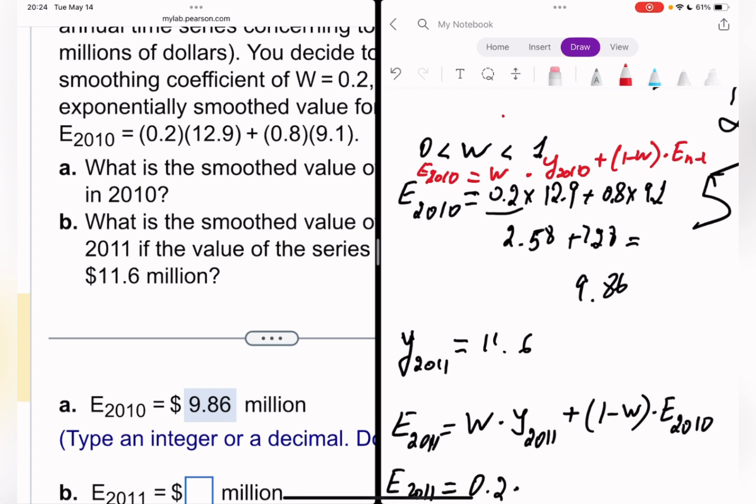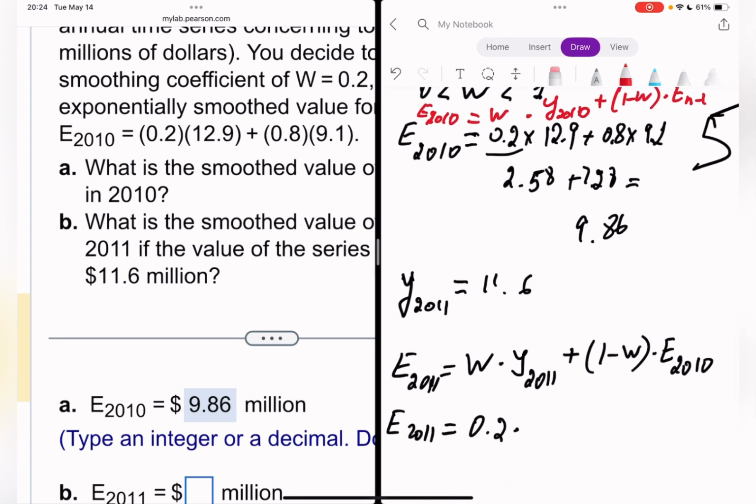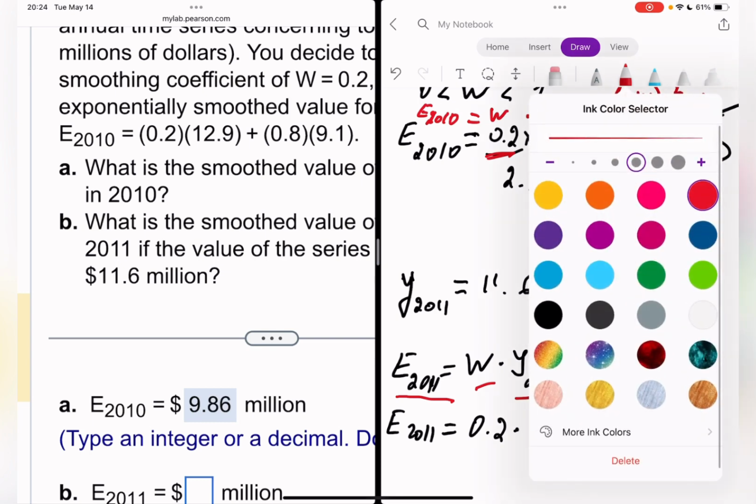So here we are finding the smoothing value of the time series. It's going to be W times revenue for this year, Y, and then we take the leftover, which is the complement of the weight, times the revenue of the previous year. So it's going to be 0.2.